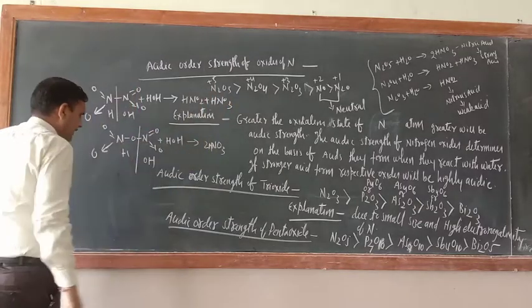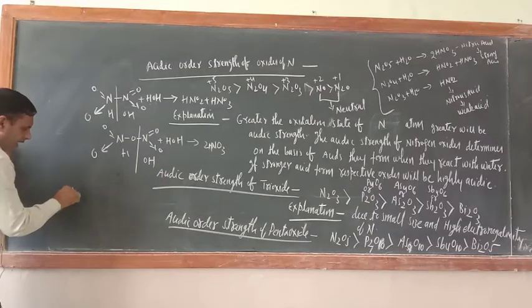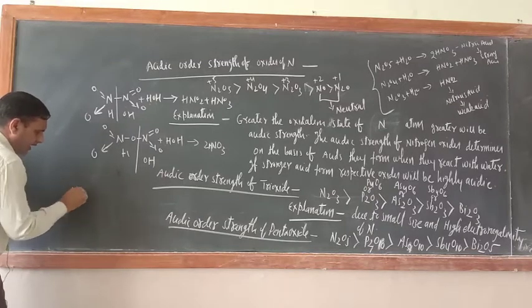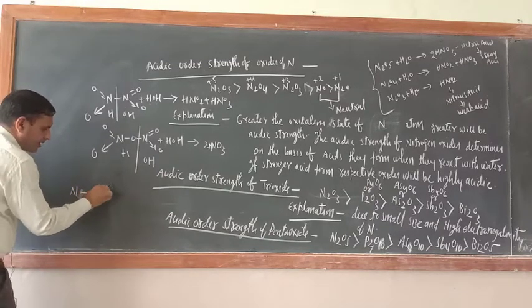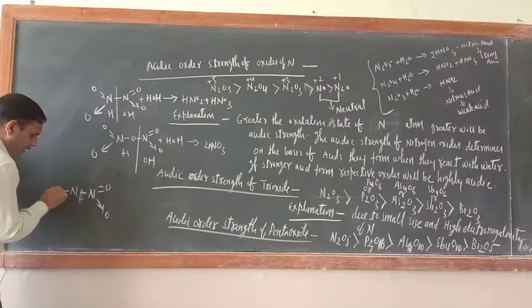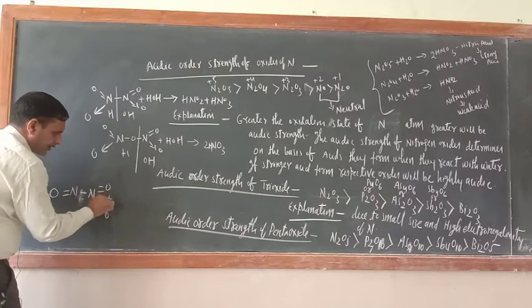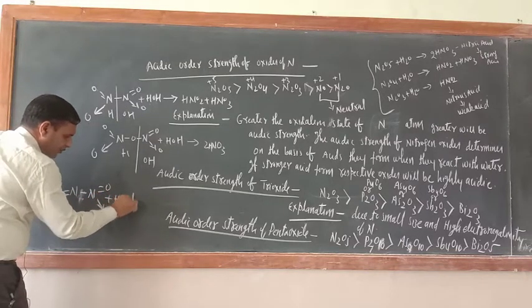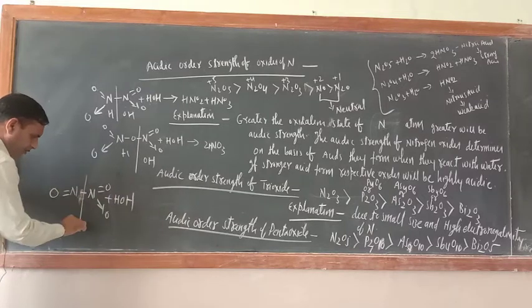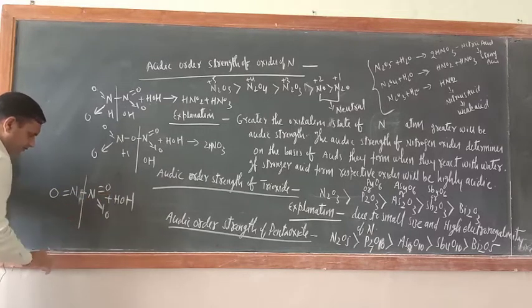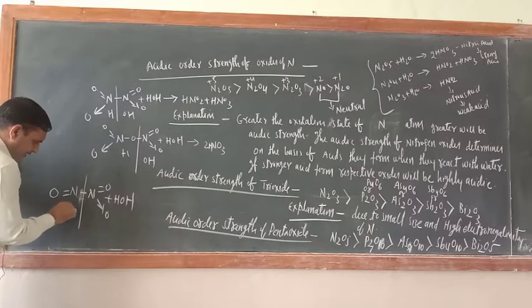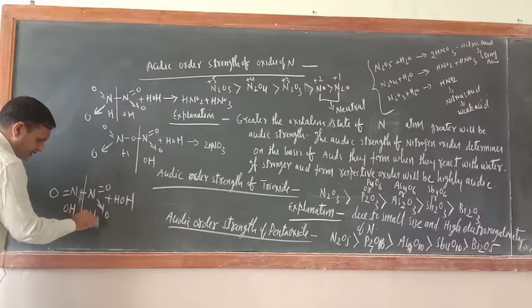What about N2O3? N2O3 means N with a double bond, a coordinate bond O, and one double bond this side, and its reaction with water, HOH. So break from here, give one OH this side, HNO2, and H this side.